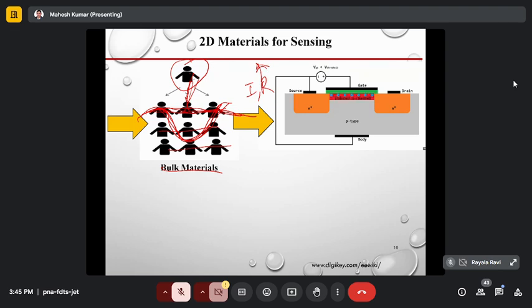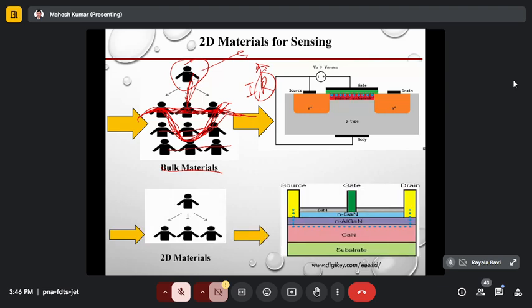So the measurable quantity, the current or resistance, will change, smaller, but there will definitely be some change. Initially, when the ion is not near, carriers can move on the surface. If the ion is present, carriers take the longer path, and we get some deviation, so some change in the resistance. This is the case of the bulk material.